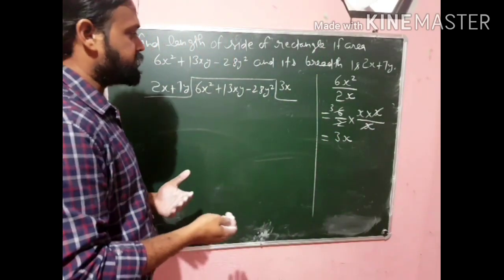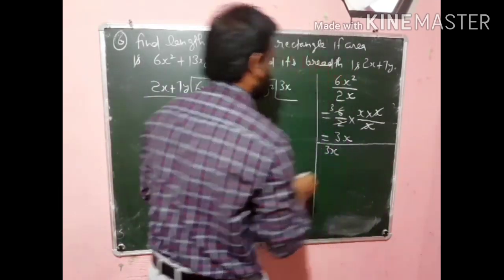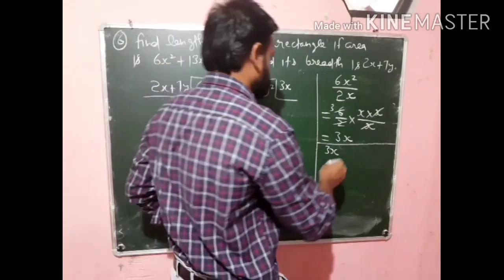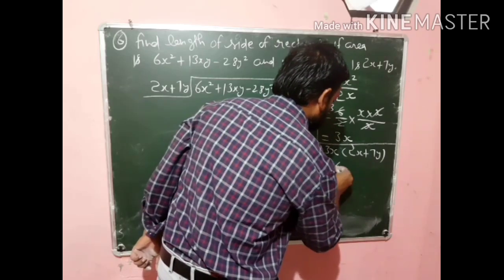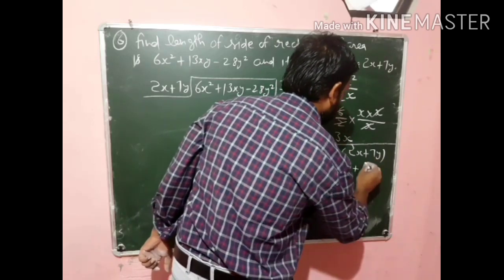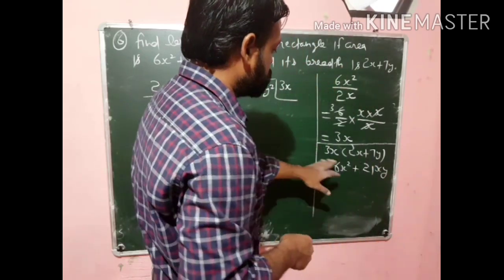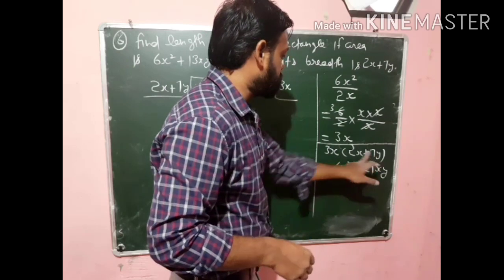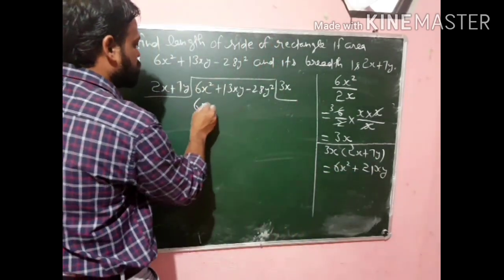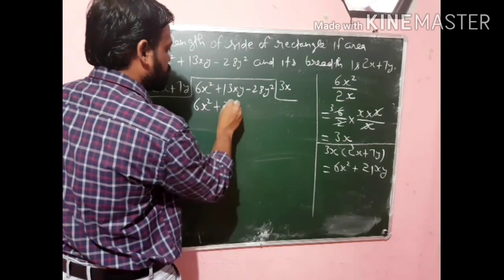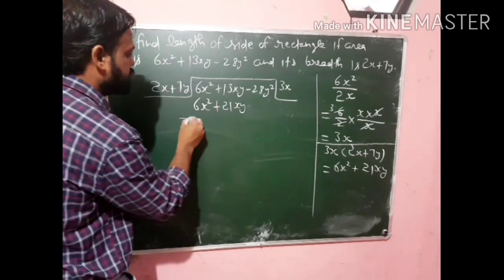Now the next step is we have to multiply this 3x by the divisor, 2x plus 7y. So 3 into 2 is 6x square, plus 7 threes are 21 into xy. I hope this is clear to you. Write down here, it will become 6x square plus 21xy, and now change the signs.